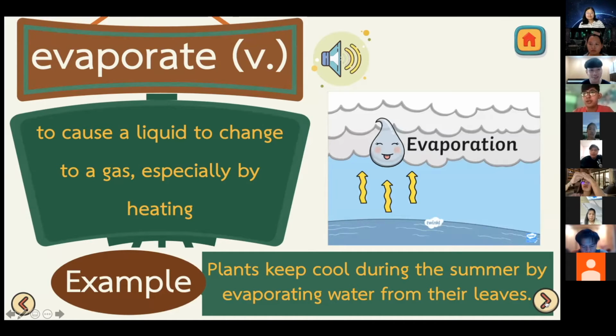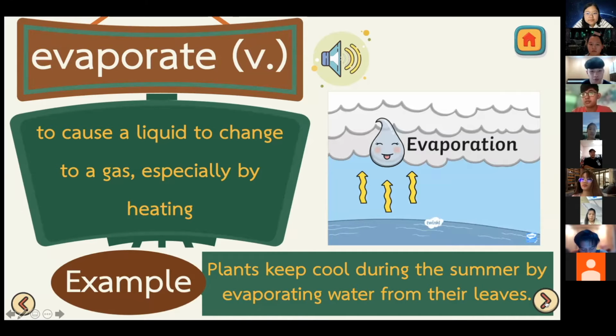Evaporate. Okay, very good. Evaporate, which means to turn from liquid into gas by heating. Like when a liquid evaporates, it changes from a liquid state to a gas because its temperature has increased.